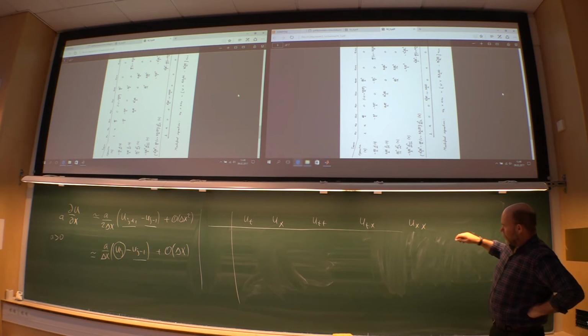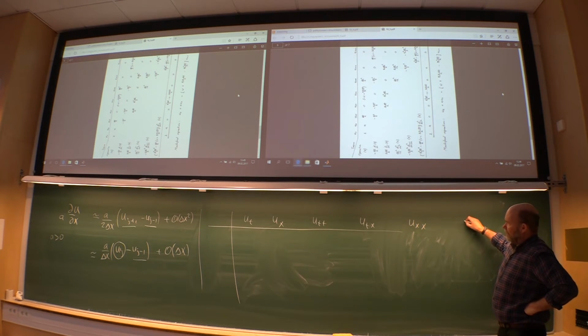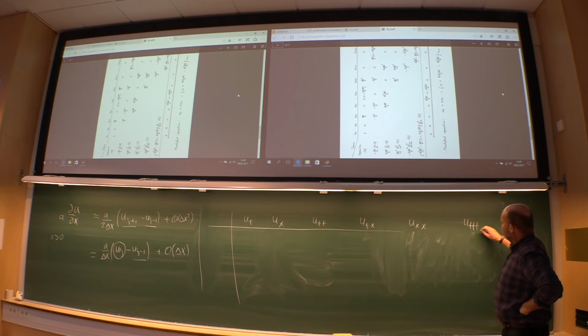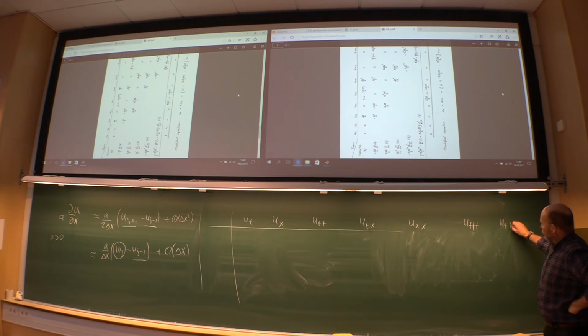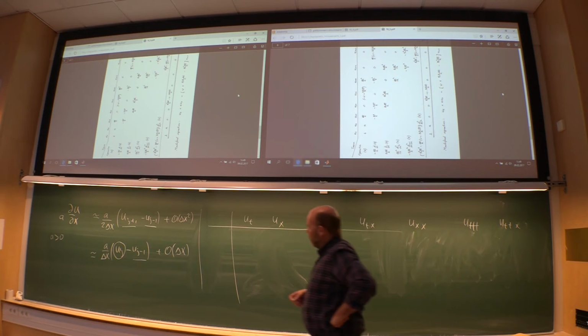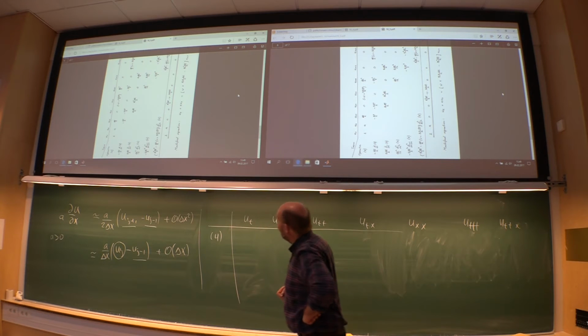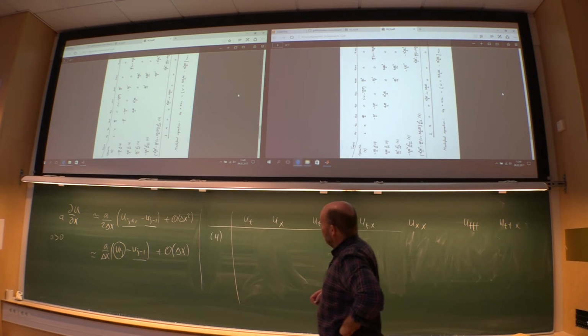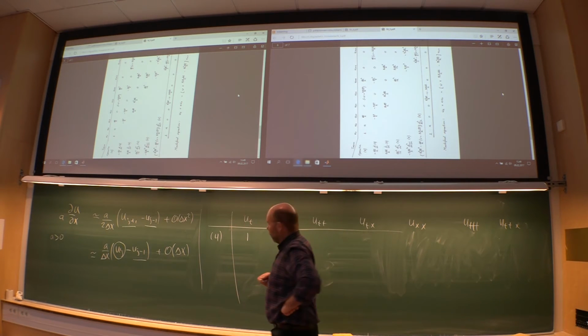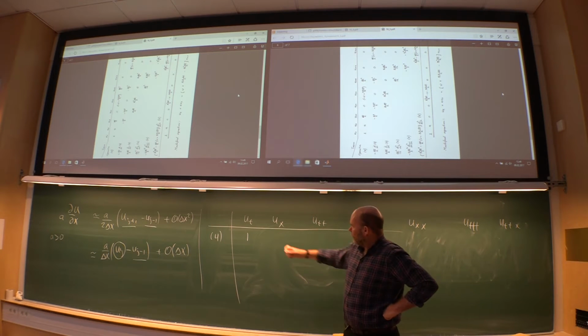That was order 2, and then you continue with 3. u with 1, 2, 3 in time, t, t, x, and so on. And then our original equation, well, he then had the coefficient 1, time derivative.